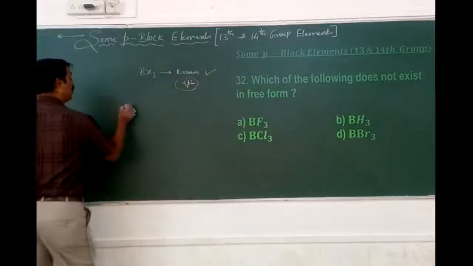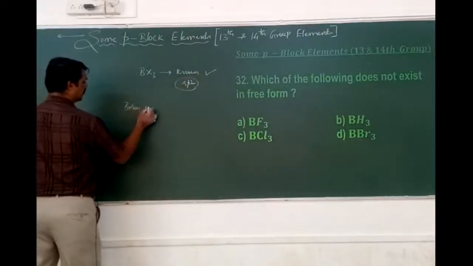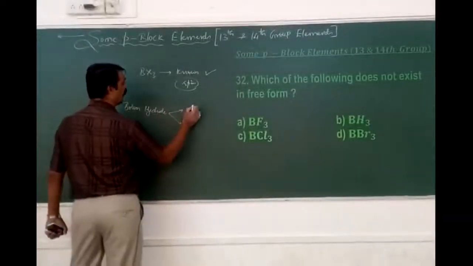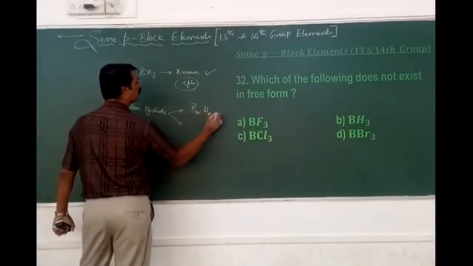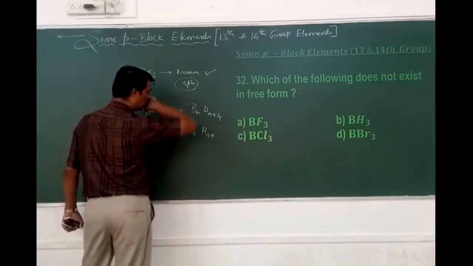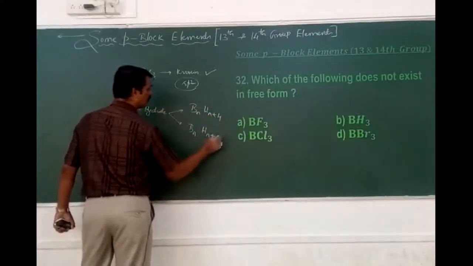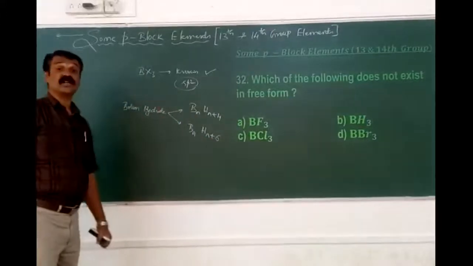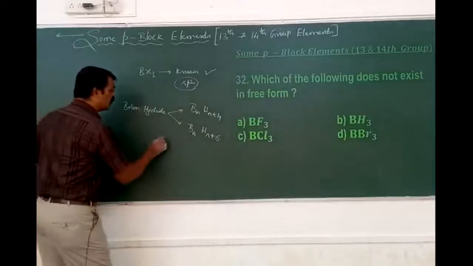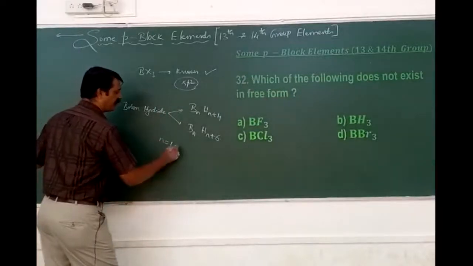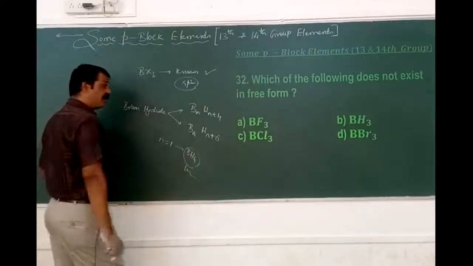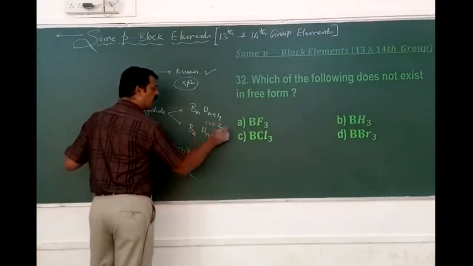But boron hydrides are exhibited by the general formula BnHn+4 or BnHn+6. This is the general formula for the hydrides of boron. If I put n equal to 1, for example, it becomes BH4, but BH4 is highly unstable. So n starts from at least 2.